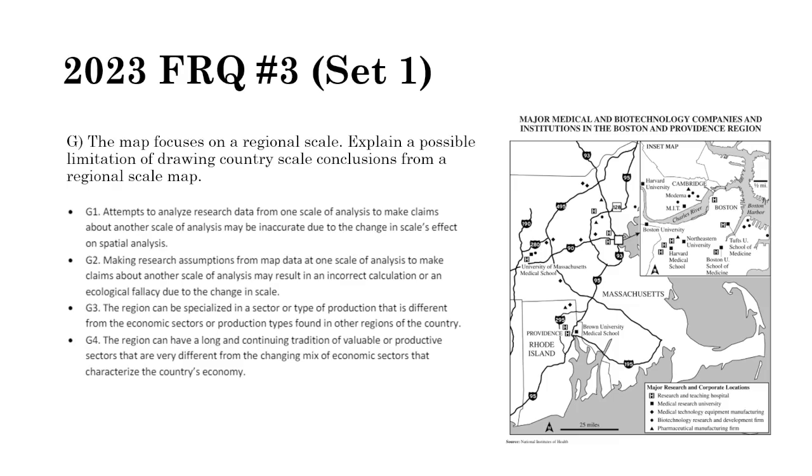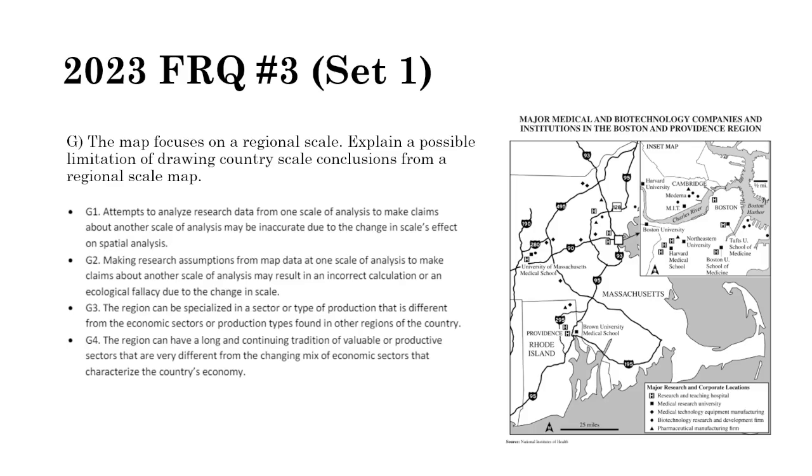So what's a limitation of drawing a country scale conclusion from a regional scale map? Well, let's read. I'll just read it straight out. A limitation would be it attempts to analyze research data from one scale of analysis to make claims about another scale of analysis, may be inaccurate due to change in scale's effect on spatial analysis. So essentially what you could say is attempting to discuss data from multiple scales would be inaccurate because they're in different areas.